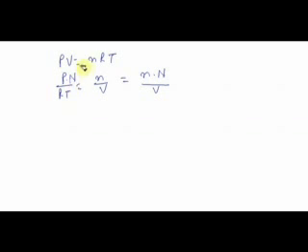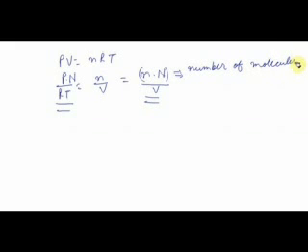So if we multiply both sides by Avogadro number, that is N_A, we will get P N_A by RT is equal to n into N_A by V. Now as we said, n into N_A is nothing but the number of molecules in n moles of gas. So the right hand side becomes our number density, that is the number of molecules per unit volume of gas.